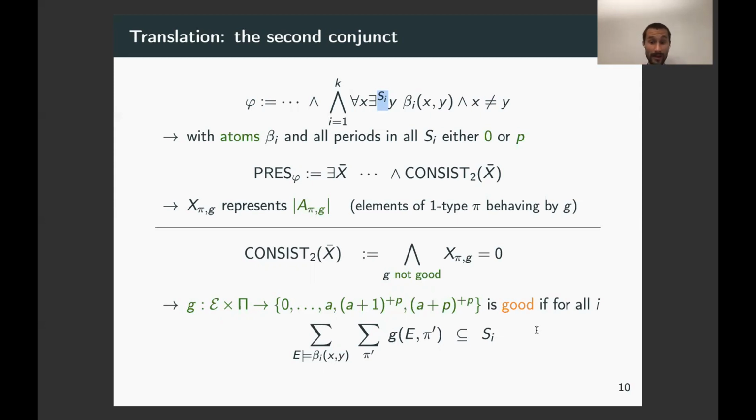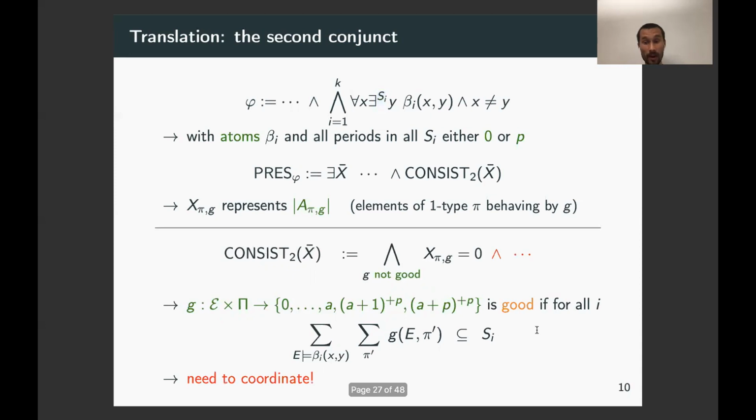But the problem here, well, this is nice and simple, but the problem is that what we really described is that the elements of type pi have an appropriate number of neighbors for each 2-type. Elements of other types also have an appropriate number of neighbors. But we are talking about edges between different elements, right?